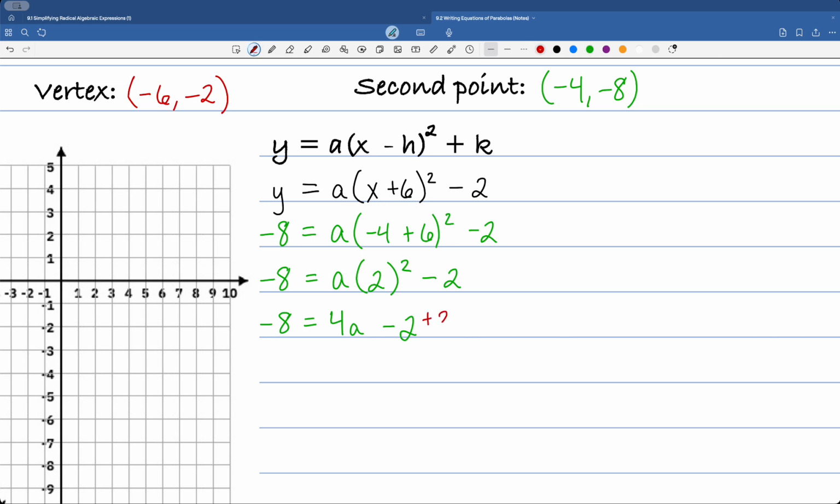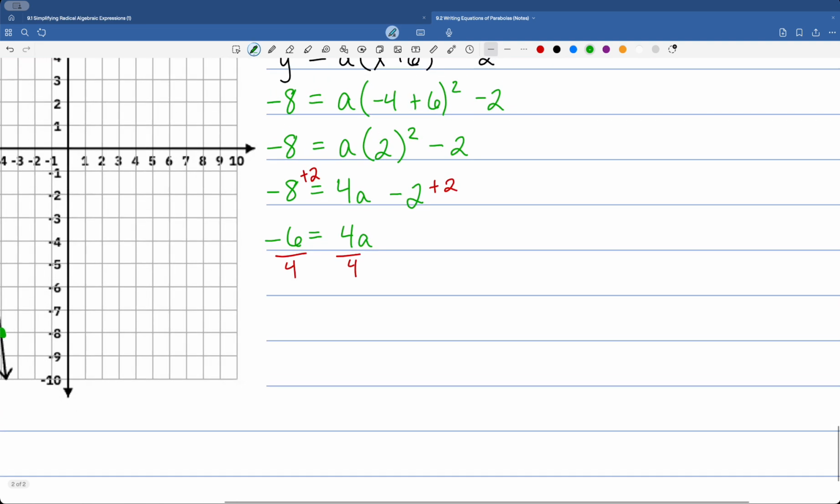Okay, let's add 2 to both sides. This gives us -6 equals 4a. Divide by 4. You're going to get a equals -3 over 2.